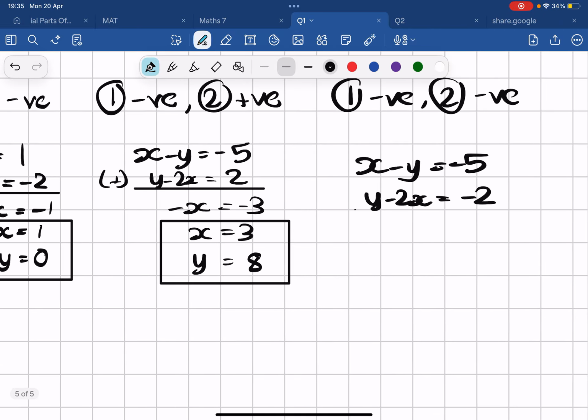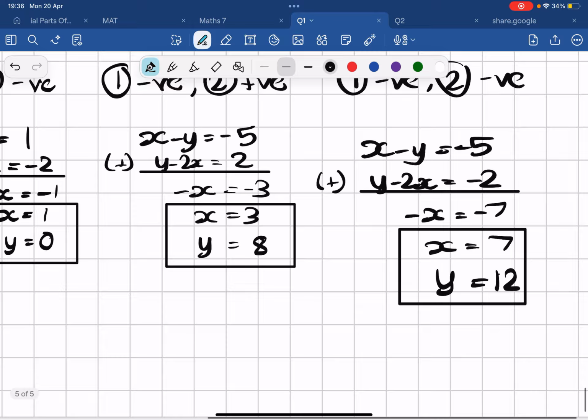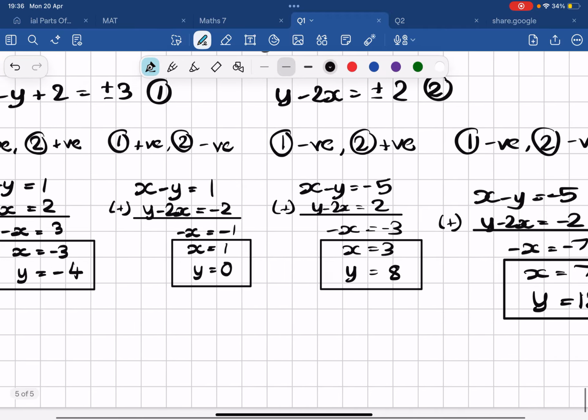So let's just sum these. So we have minus x equals minus 7, x equals 7. Therefore y equals 12. Let's put a box around these solutions. And let's check if that works. 12 minus 2 times 7 is 14. And yeah, that seems right.